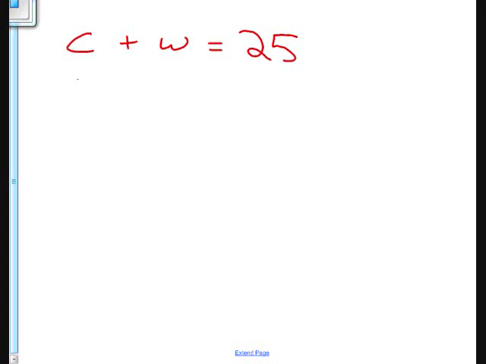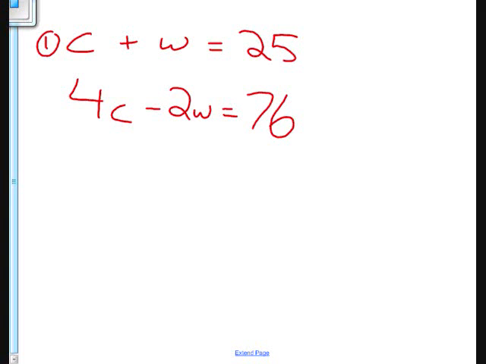How many for a wrong answer? -2. And what was their score? 76. So our first equation is all the questions added together get 25. And you get 4 points for every correct answer and -2 for every wrong answer, for a total score of 76.